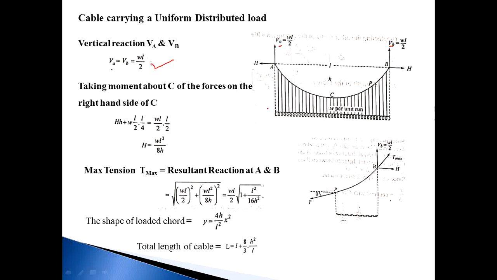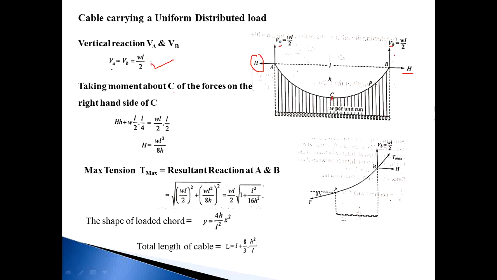Next we want to calculate horizontal reaction H. For this, I take moment about C, considering the right side of the section at point C. On the right side there are two external reactions, VB and H, and a UDL for portion C to B. Due to H, the direction of the moment is clockwise.